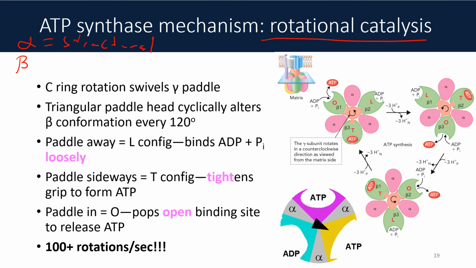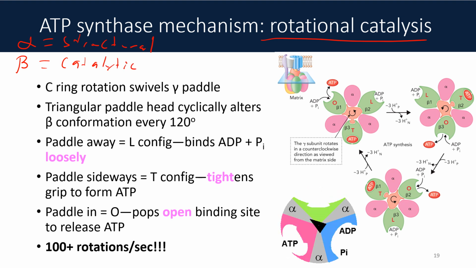It's the beta subunits, the green ones, that shine and do catalysis. And what we're going to do is visualize their dynamic conformational changes by staring down the barrel of the headpiece. So we're going to look at this from the perspective of the gamma paddle, so to speak, dipping down and churning up these alpha beta heterotrimers.